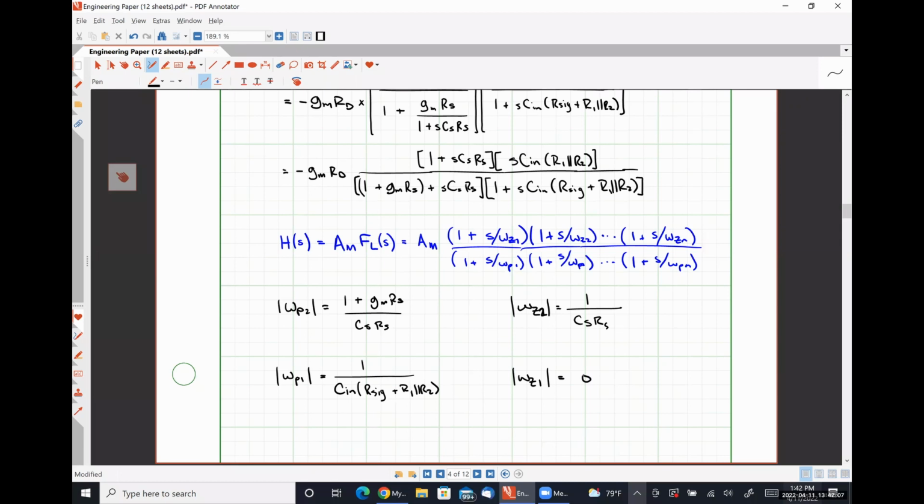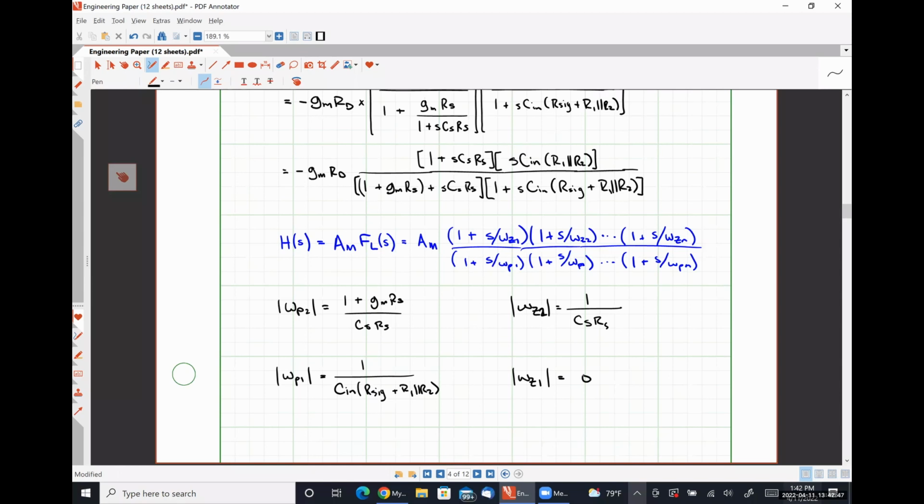From experience, the input capacitor is typically the largest capacitor, and so the pole associated with that input capacitance is usually going to be at a lower frequency than the pole that's contributed by the capacitor connected at the source function. So this is going to be, typically speaking, at a lower frequency, which is why it got a lower index. Same thing here. 0 is less than whatever this number is going to be. So that's why it got the 1 and this guy got the 2.